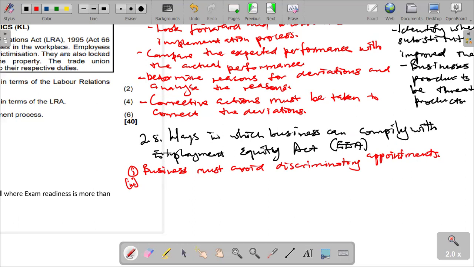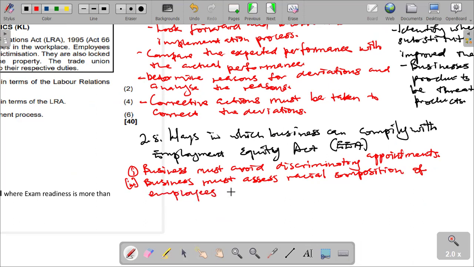Businesses must also assess the racial composition of their employees, and even their senior management.